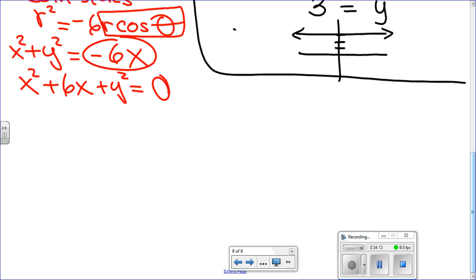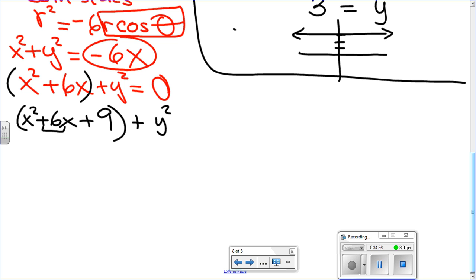So I'm going to do this thing called completing the square. I'm going to take the x values, x squared plus 6x, and then I'm going to make up a number that will come from here. Half of 6, what's half of 6? 3, and then we square it, so that will be 9. And then here is going to be just y squared, and here we're going to have 0. However, since I added 9, I just made up that number, to keep the equation balanced I have to add a 9 over here as well.